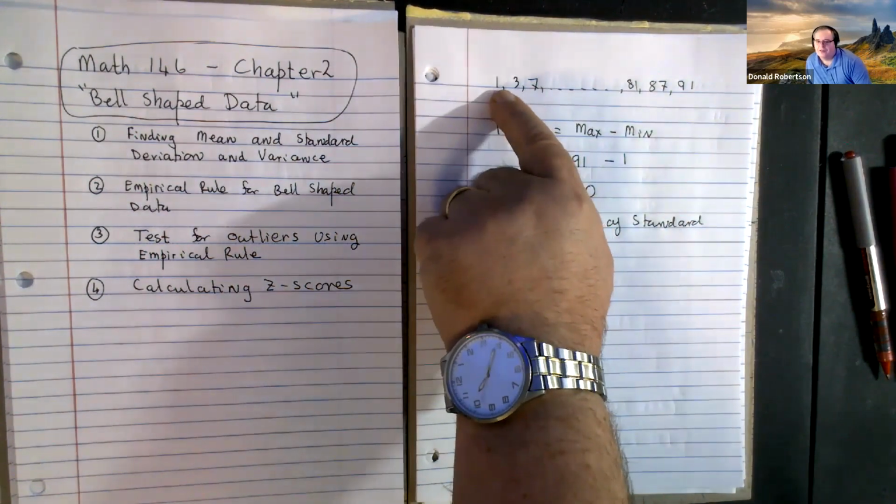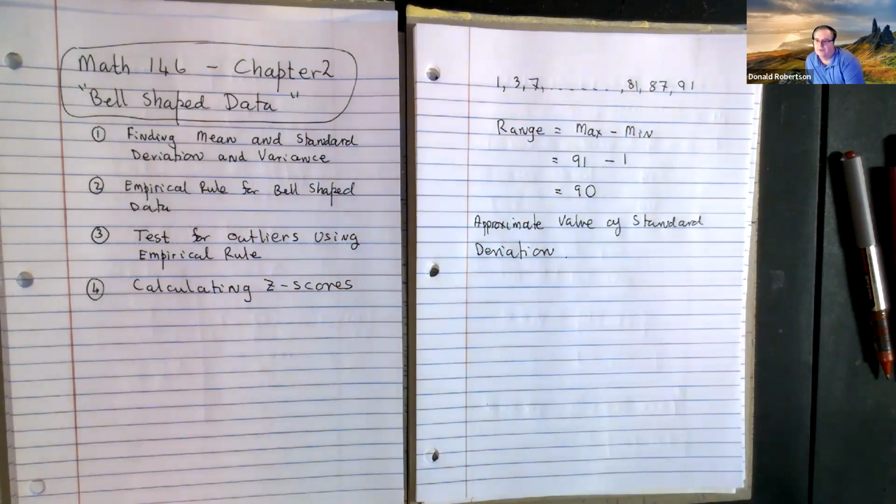Can you imagine that this list wasn't 50 numbers, but 500 numbers? Do you really want to type 500 numbers into your TI-84 just to get the standard deviation? If all you really want to know is roughly what it is equal to, I don't care if I'm a little bit out. Wouldn't it be nicer if there was a shortcut, right?